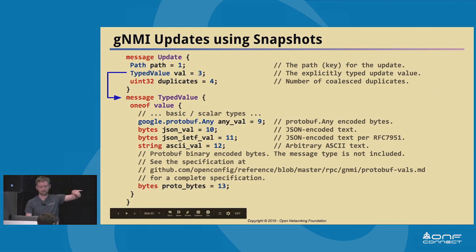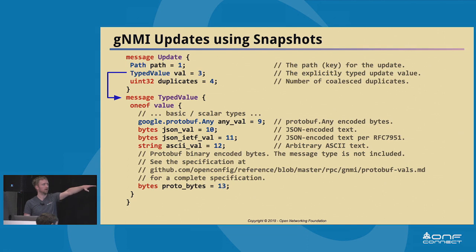And then a more compact representation of protobuf any. So protobuf any and bytes are both used for encoding protobuf data. JSON can either use regular JSON or RFC 7951 JSON. And then ASCII could be used for out-of-band agreements between your 2 devices.